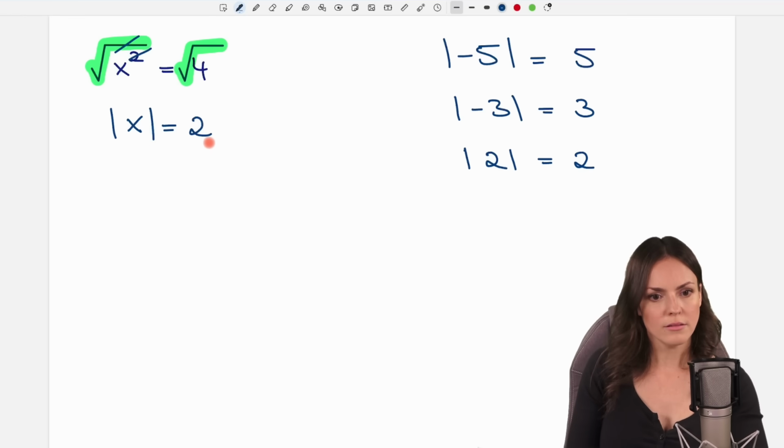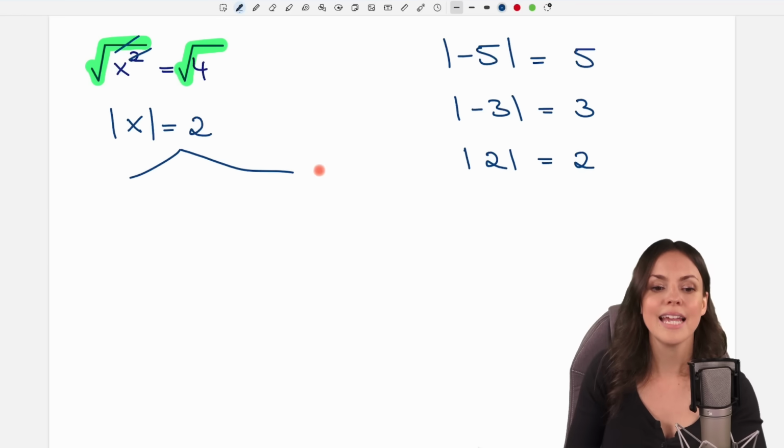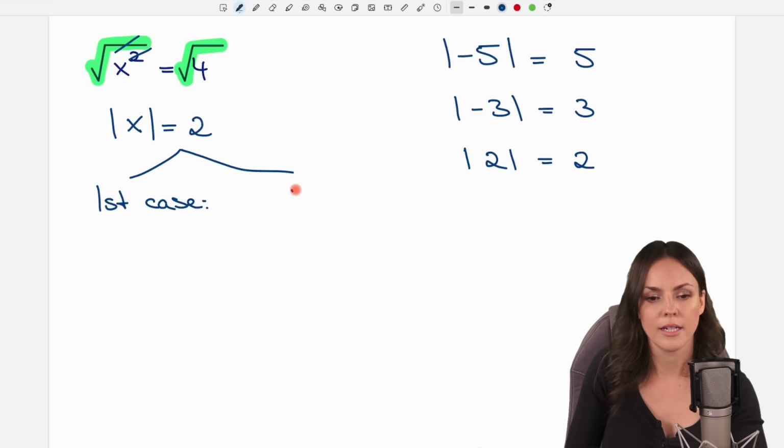Okay, so now we have to solve an equation with an absolute value of x. How can we do that? By making a case distinction. We take a look at a first case, and we're going to take a look at a second case.